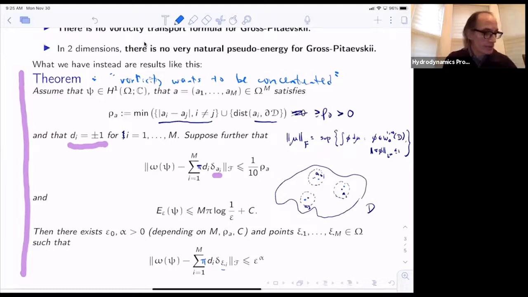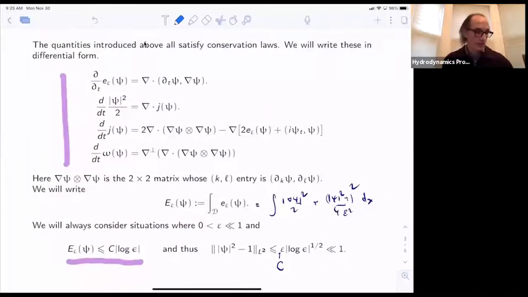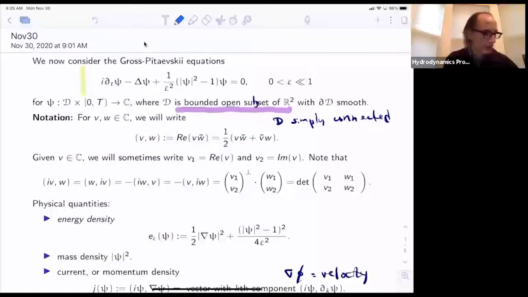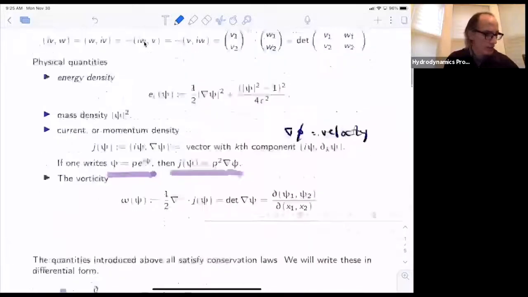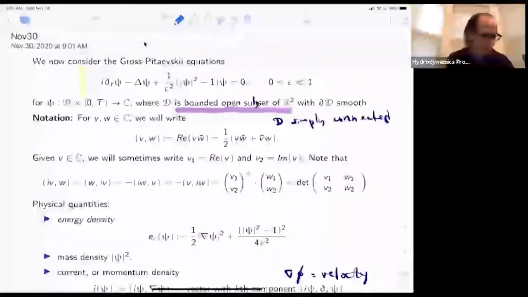Another theorem is, and here's what we'll do when we study the Ginzburg-Landau equation. The energy is conserved, right? I don't know if I emphasized this, or I forgot to write it, but I'll always consider Neumann boundary conditions.